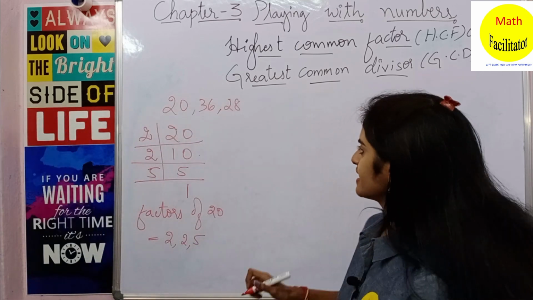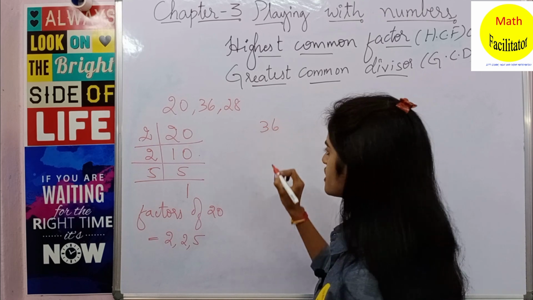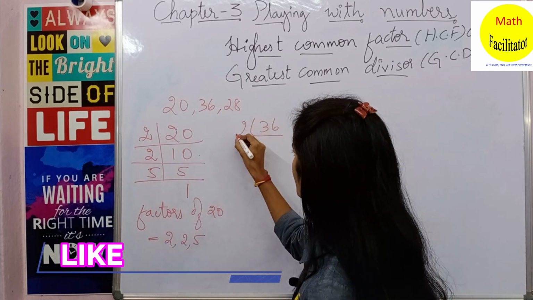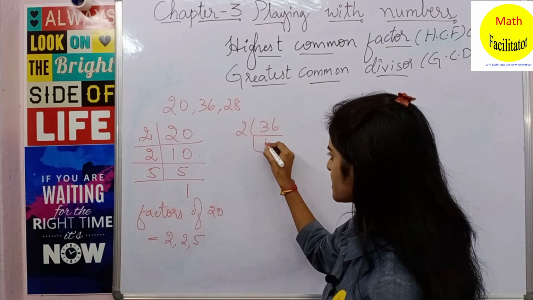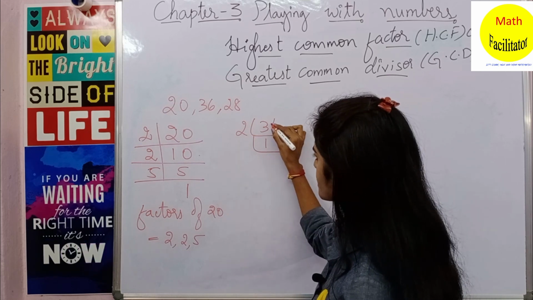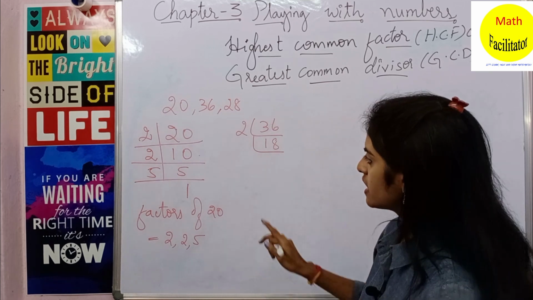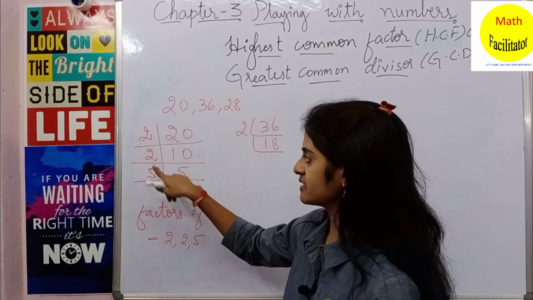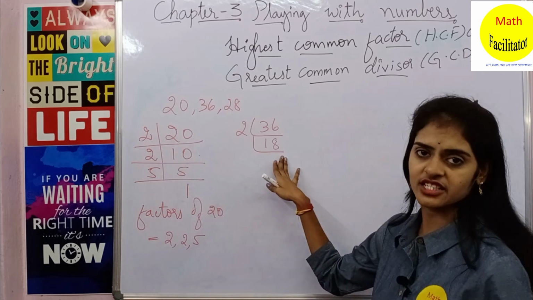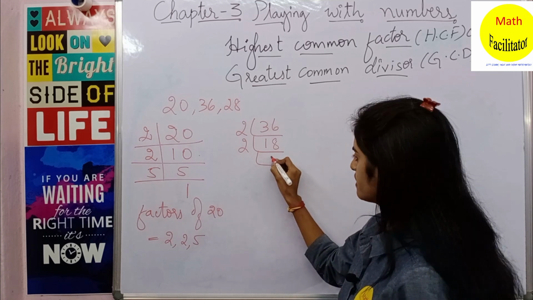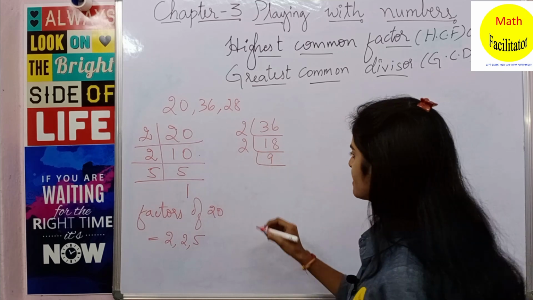Okay, now let us take the next number 36. So how do you factorize 36? Prime factorize 36. So 2 divides 36 how many times? 2 ones are 2, 1 is remaining, so 16 is nothing but 2 8s is 16. Okay, so prime factorization you can either represent it in this way or this way. Again 18, 2 divides 18 how many times? 9 times.